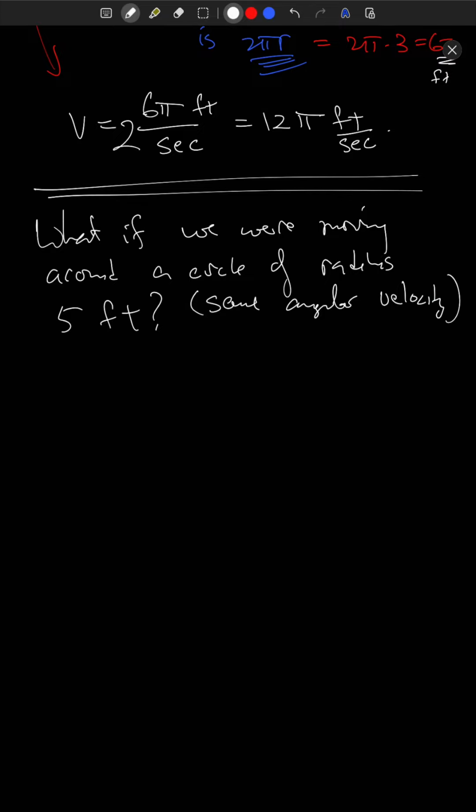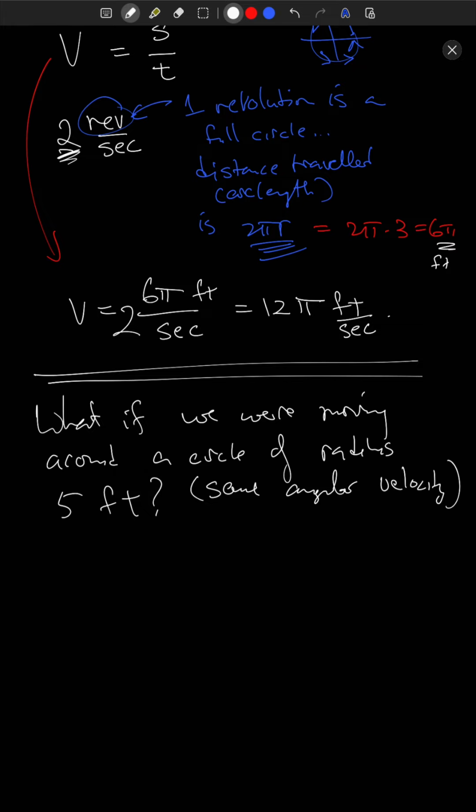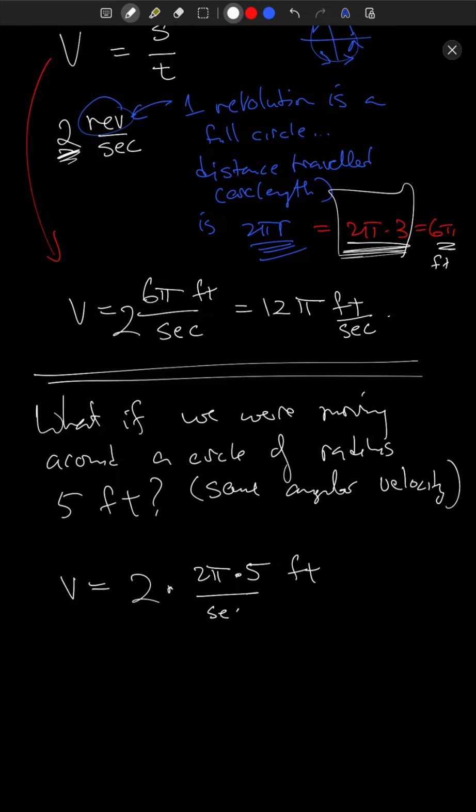Well, if we think about it, our v would be 2 times, and then 1 revolution is 2 pi, and our r this time is 5, so times 5 feet. This is analogous to the computation up here. And then over seconds. So this is going to be 20 pi feet per second.